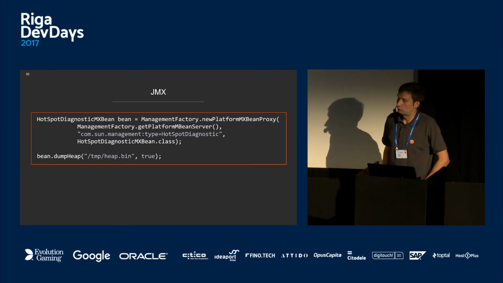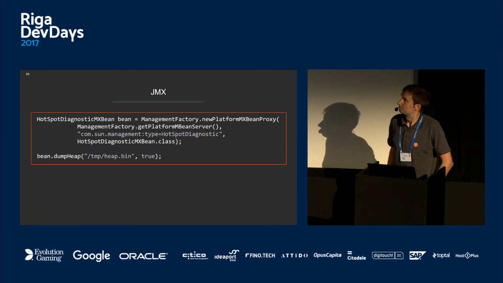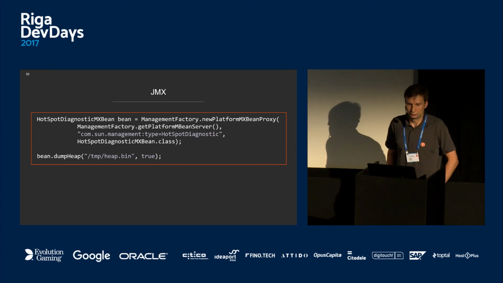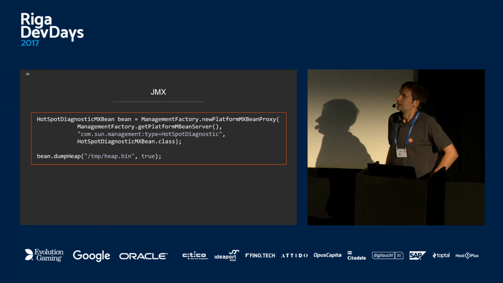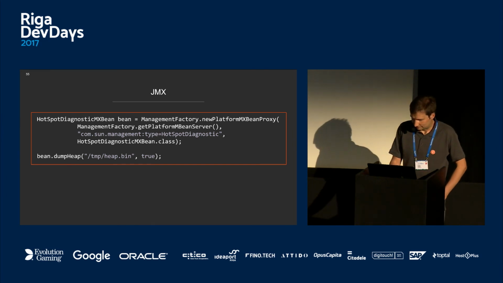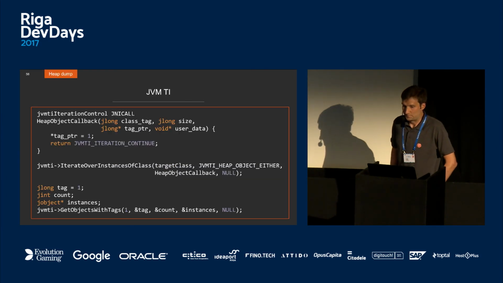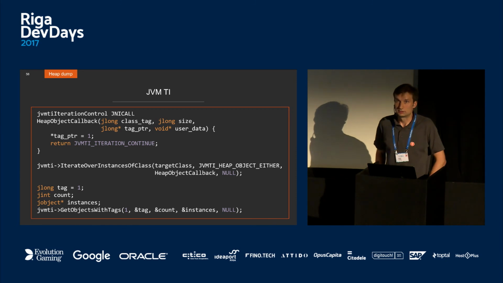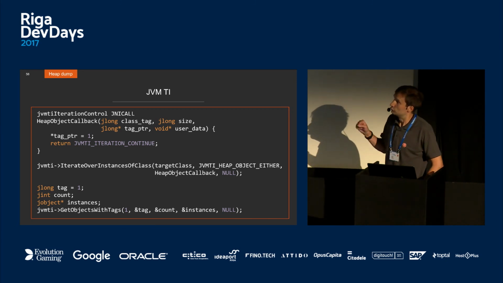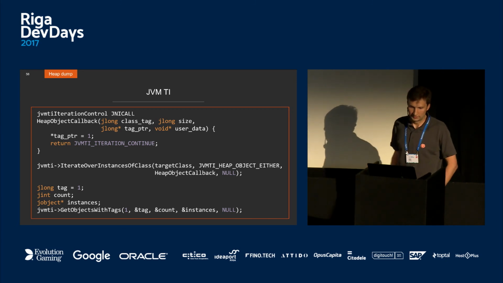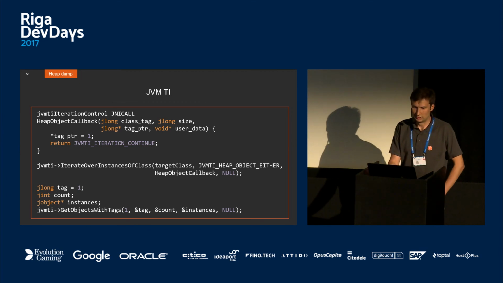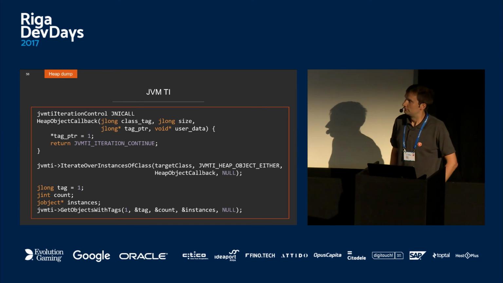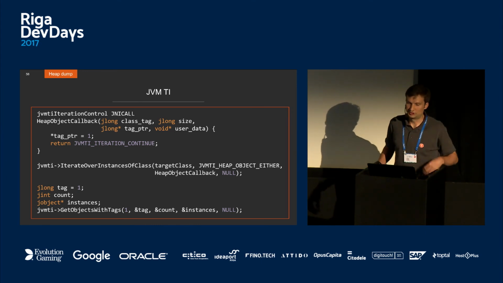To dump heap from within the application, you can use again the HotSpot private API. But a better way, and good news is that it is a standard way, which is supported not only in HotSpot but in other JVMs as well, is the JVM Tool Interface, which can iterate over the heap.